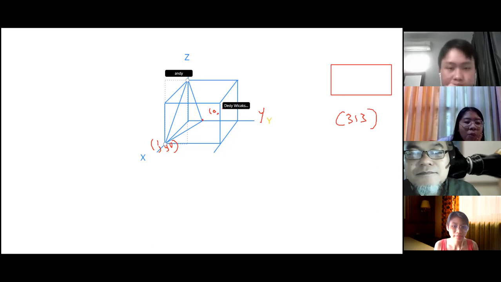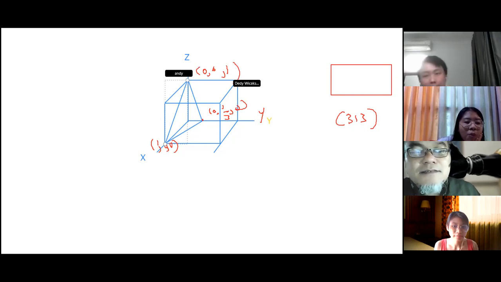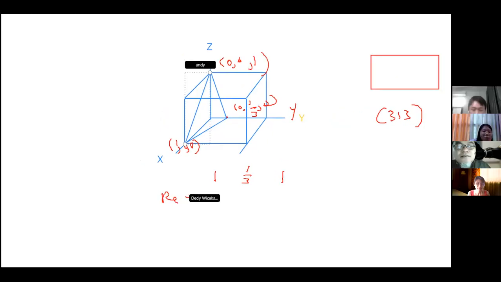Then 0, 0, 1. So intercept at x is 1, intercept at the y-axis is 1/3, intercept at the z-axis is 1. The reciprocal is 1/1, 1/(1/3), and 1/1, or 1, 3, 1. So the plane is 1, 3, 1, not 3, 1, 3.